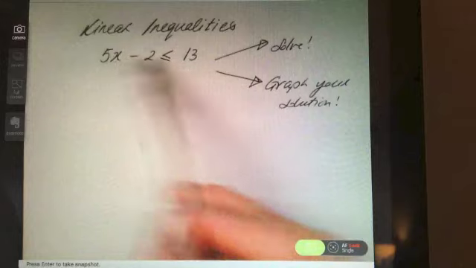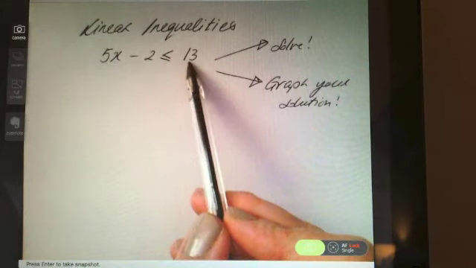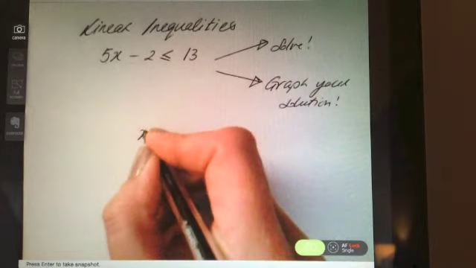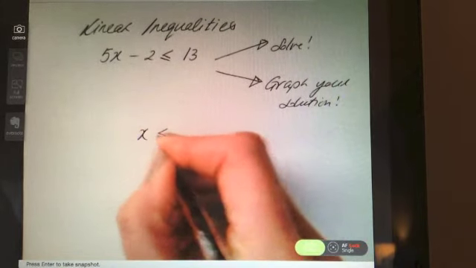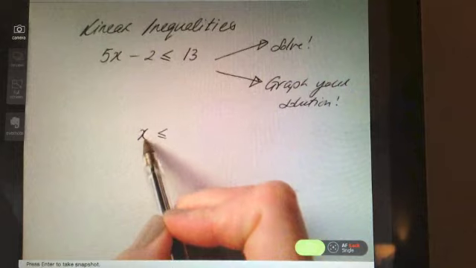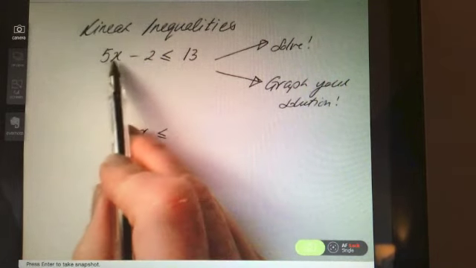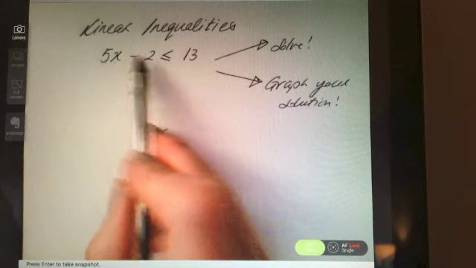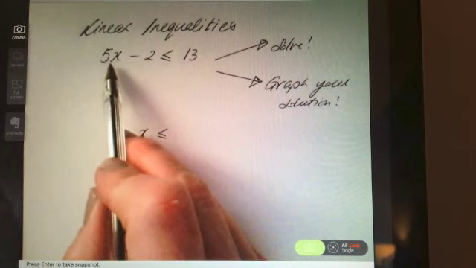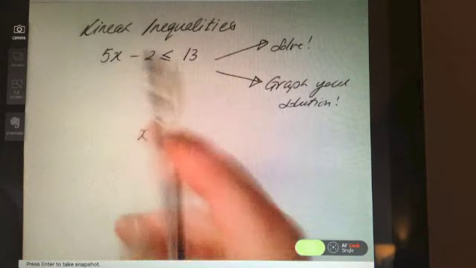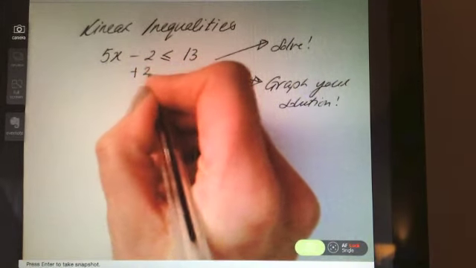So solving this, good news is it's quite straightforward, this kind of inequality. You're going to treat this as you would an equation. In other words, how you would get the x on its own for an equation is exactly how you're going to get the x on its own with the inequality. And in order to get this x on its own, you're looking at the side, of course, which has the x, and you've got to get rid of the minus 2 and the 5. So in order to get rid of a minus or take away 2, what we've got to do is add 2.